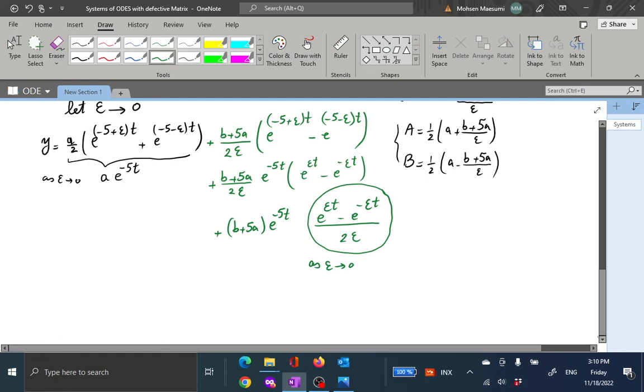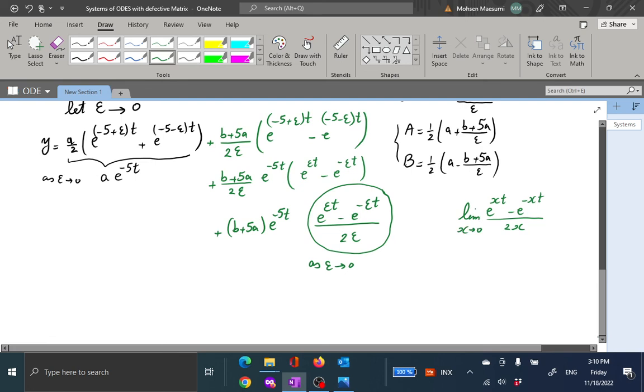Let me use some other letter. What if you had exponential of xt minus exponential of minus xt divided by 2x? So all over the place, instead of epsilon I put an x. That's a more familiar letter. Limit of this thing as x goes to 0.